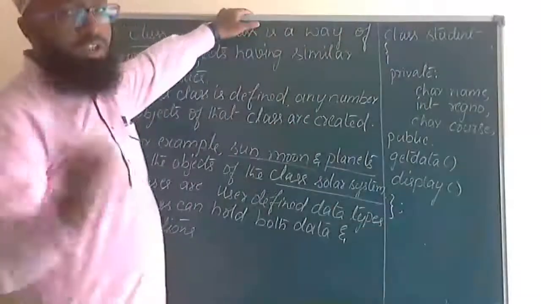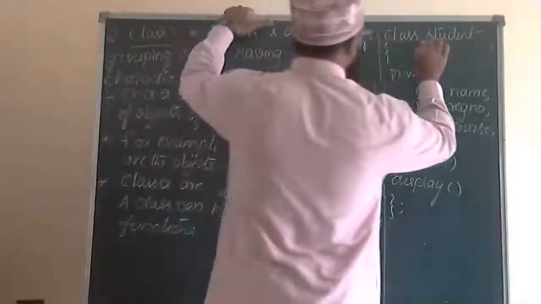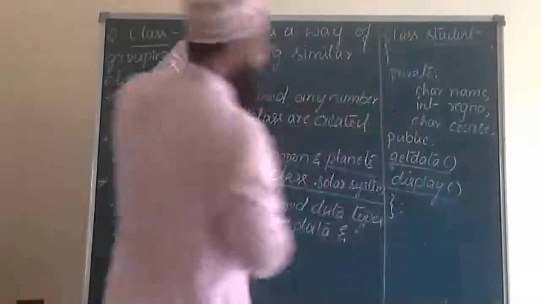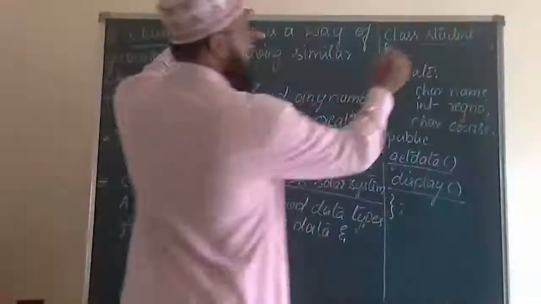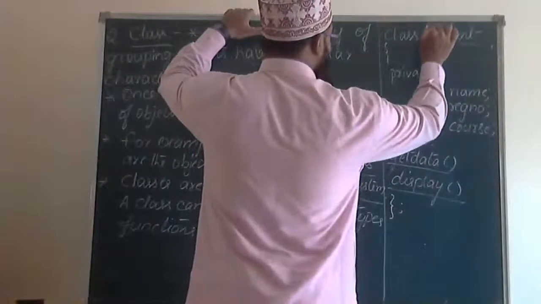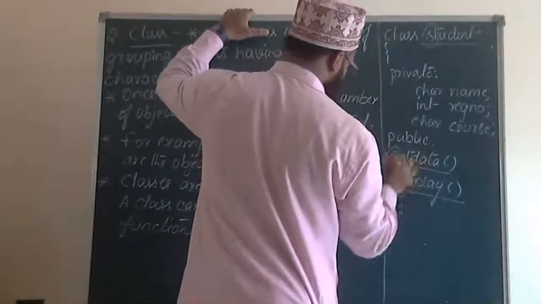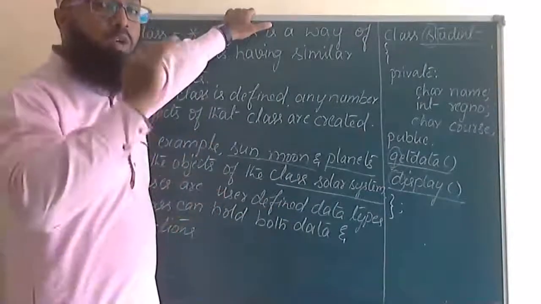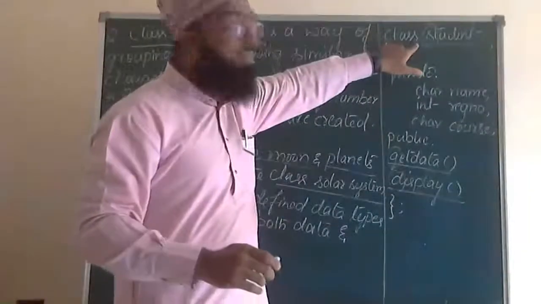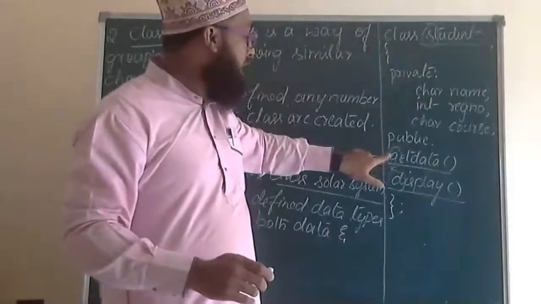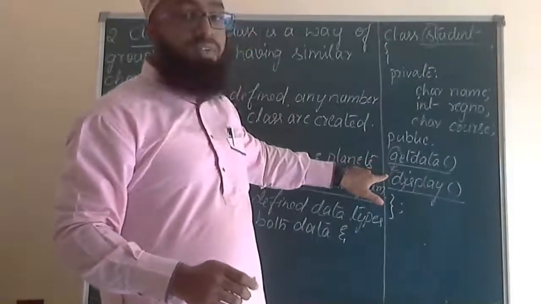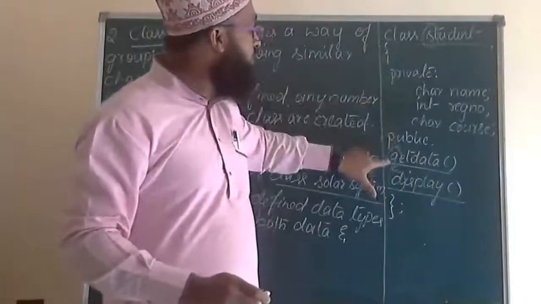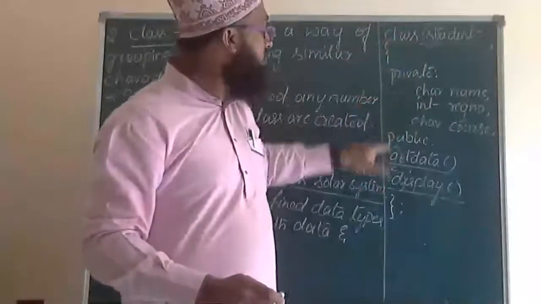Here, one thing you need to remember while giving a class name and member function names. If you have given a starting letter as a capital letter, then you need to remember that in the whole program, wherever the class name comes and wherever the member functions come, every time you have to give a capital letter only.